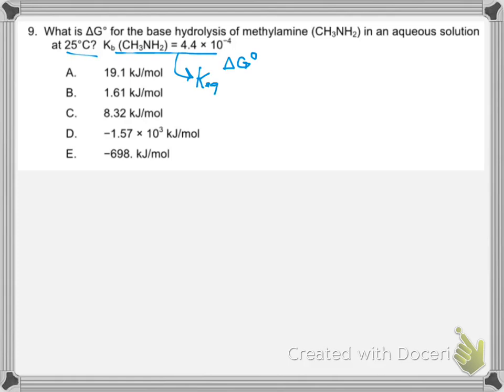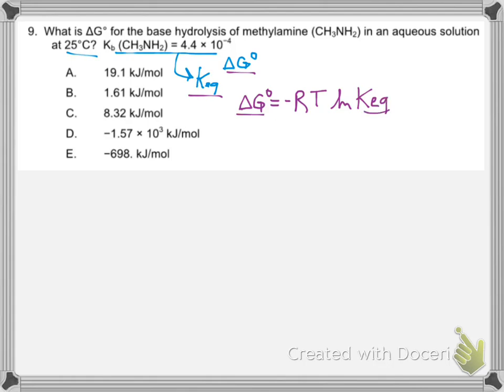So do we have an equation that can relate delta G standard with KEQ? You bet we do. It is delta G standard equals negative R times T times the natural log of KEQ.